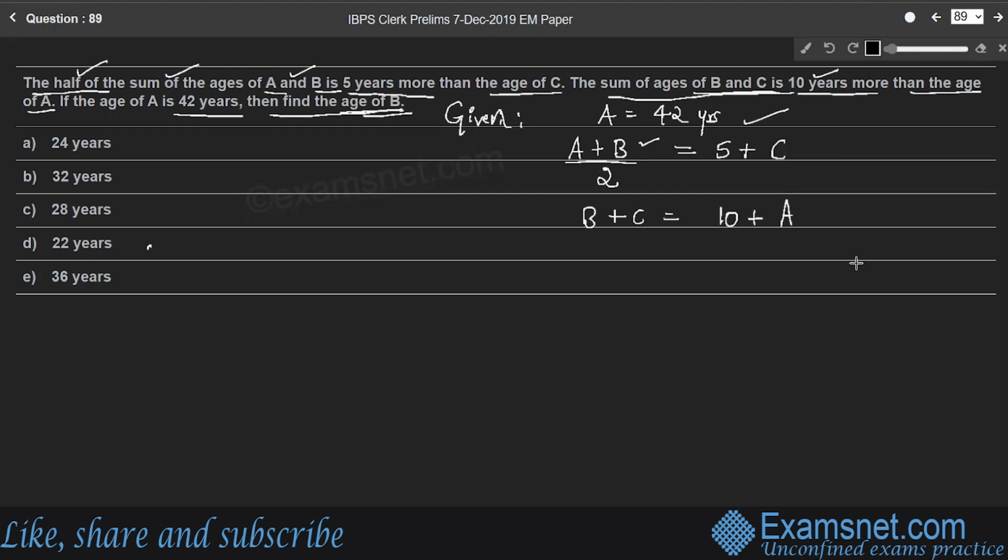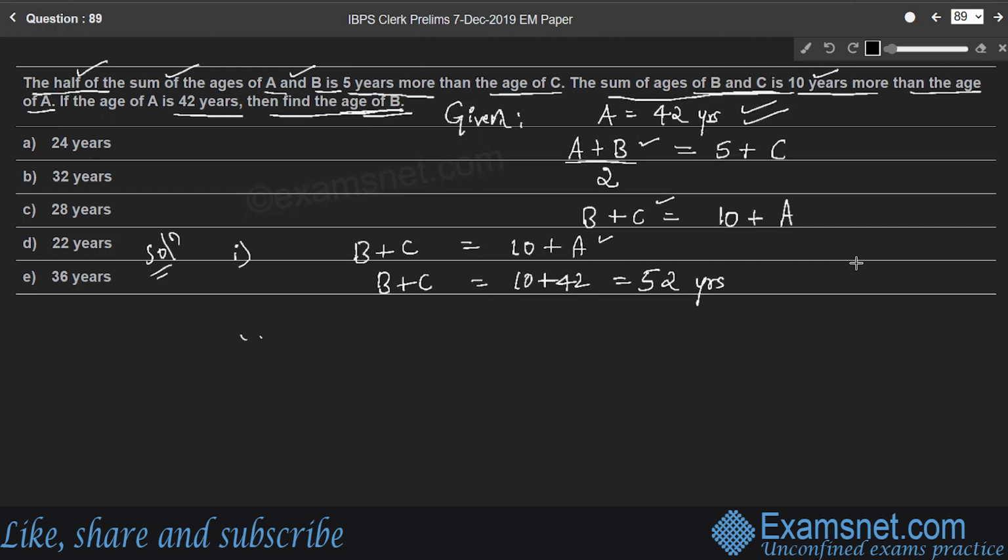So solution. It is given that B plus C is equal to 10 plus A. What is A's age? It is given that 42 years. So B plus C is 10 plus 42, which is 52 years.